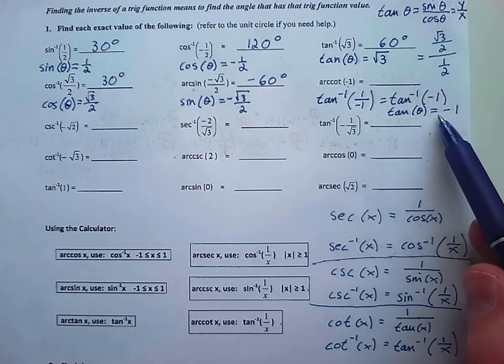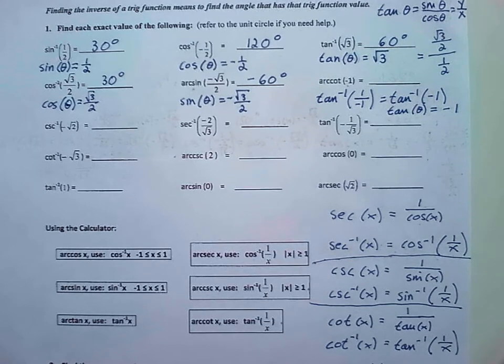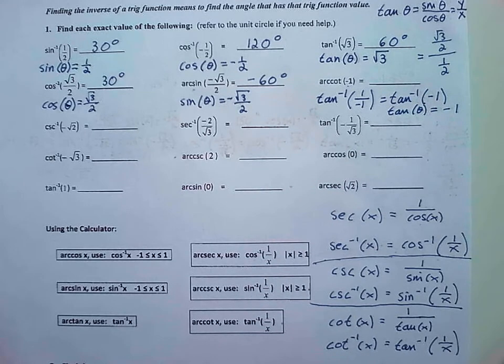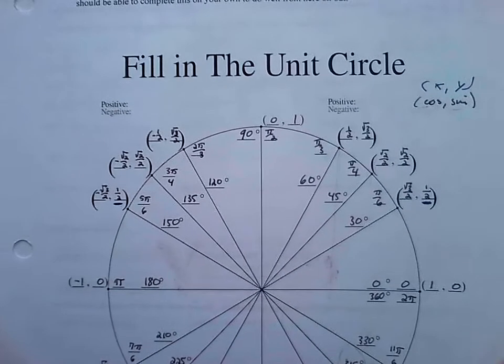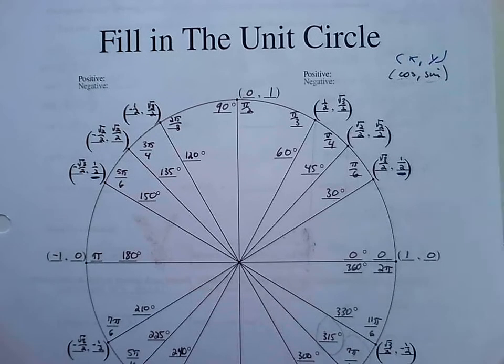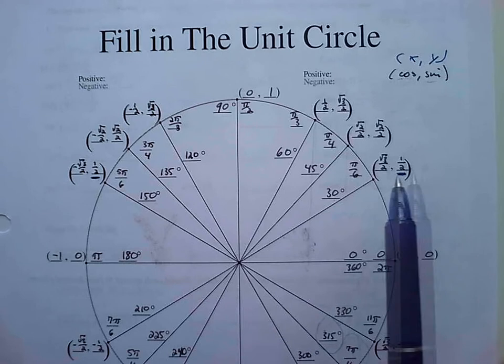Alright, if we're looking at just the tangent of theta being equal to -1, this is going to end up being equal to, again, for the tangent, sine over cosine, just like we had before.